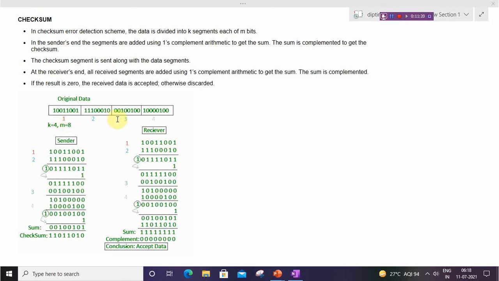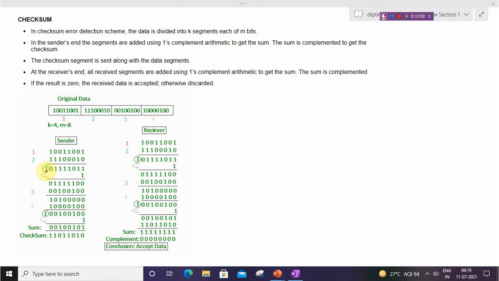So this is the original data and it is divided into 4 segments. First of all, we have to add these 2 data units using 1s complement. So let us add it. 1 plus 0 is 1, then 0 plus 1 is 1. Okay. Then 0 plus 0 is 0, 1 plus 0 is 1, 1 plus 0 is 1, 0 plus 1 is 1, 0 plus 1 is 1, but 1 plus 1 is 10.